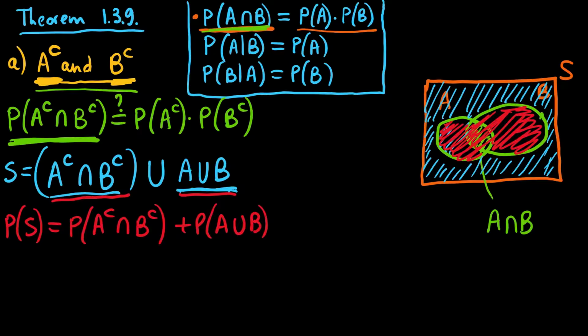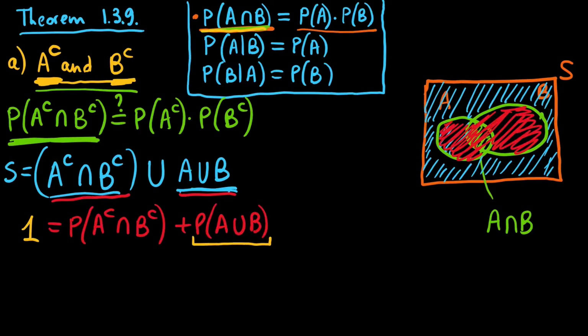We know that the probability of the sample space is 1, so I'm just going to put the 1 there. And then what else do we know? Well, we know how to get from A union B to A intersection B, and that seems promising here.